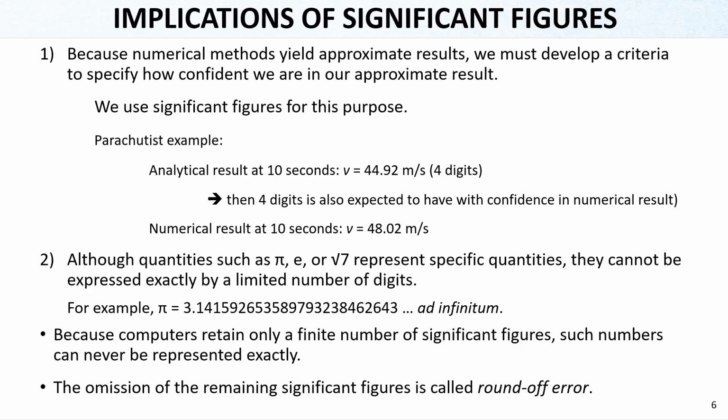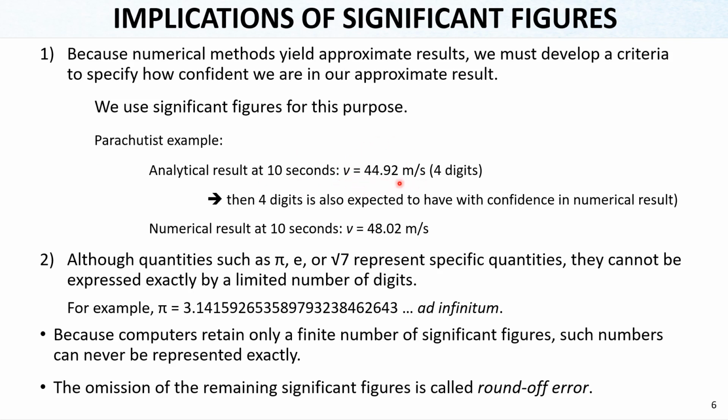Let's talk about some implications of significant figures. First of all, because the numerical methods give approximate results, we must develop a criterion to specify how confident we are in our approximate result. And we use significant figures for this purpose. For example, for the parachutist example, the analytical result at 10 seconds, which we already calculated in chapter 1, is v equals 44.92 meters per second.